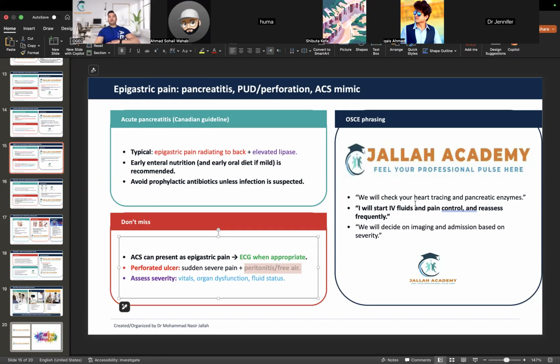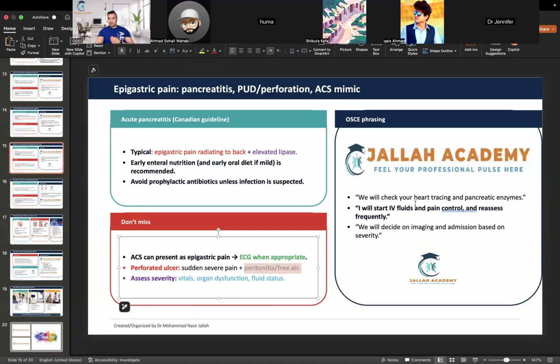So again, it cannot be only pancreatitis because my patient is elderly. So it could be heart issue as well. It could be MI. It could be pericarditis because in pericarditis, we also have chest pain that gets better when you lean forward and it gets worse when you lean backward.